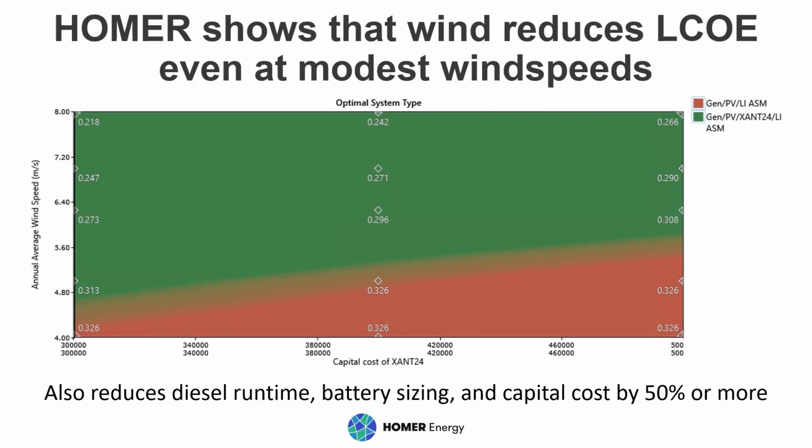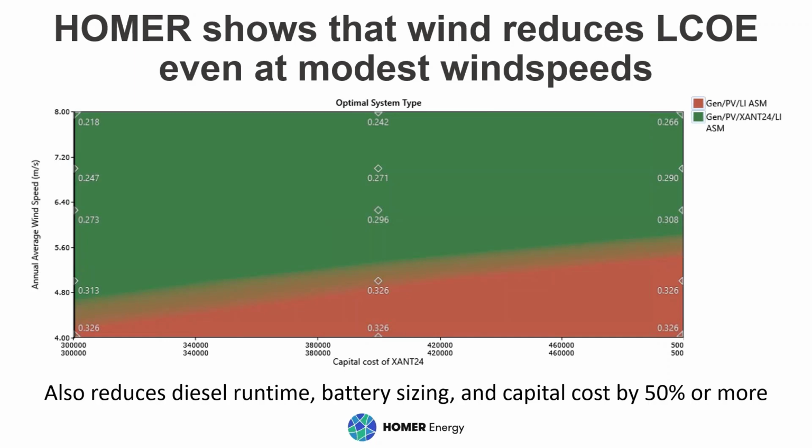That is actually quite unusual. But the conventional wisdom in the large utility scale wind world is that you need at least 7 meters per second, really. But in this small size where you're competing with diesel, you can go down to 5 meters per second, and it still provides a reduction in the cost of energy.